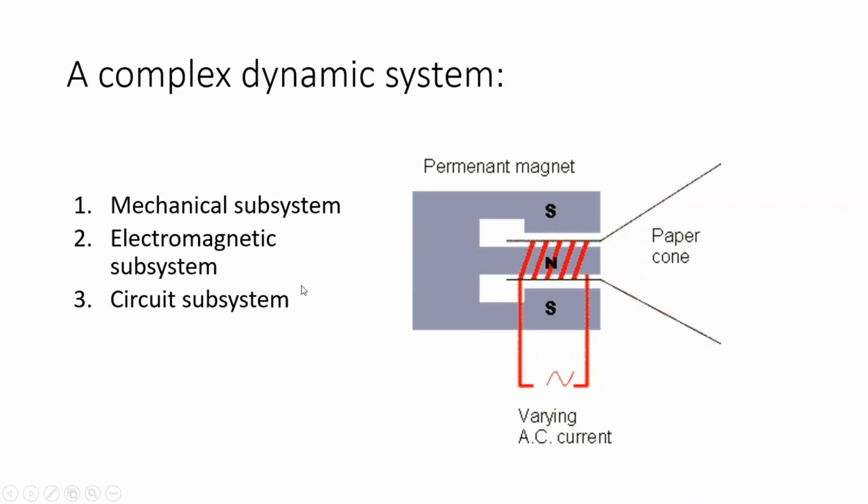As I have already mentioned, you can basically see what I just talked about in this simple diagram. On one end, we have varying AC current, which provides the current supply to the voice coil. On the other side, we have a mechanical system, which is formed out of the cone and the spider.